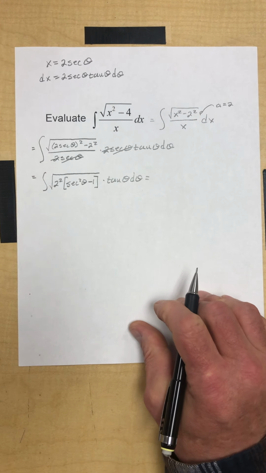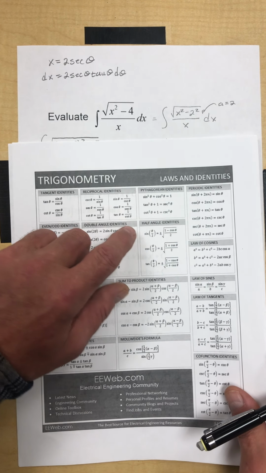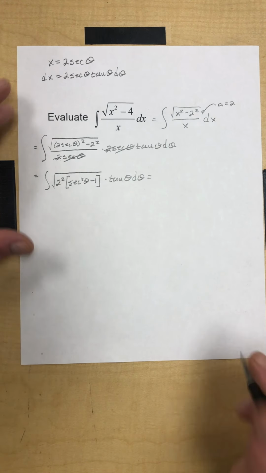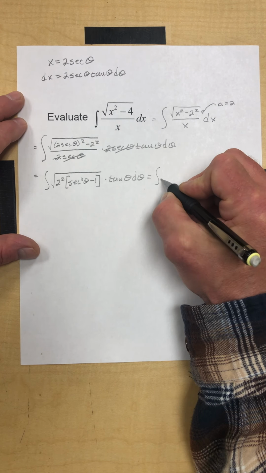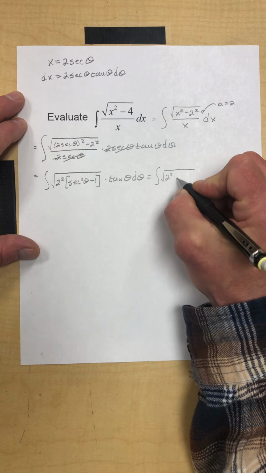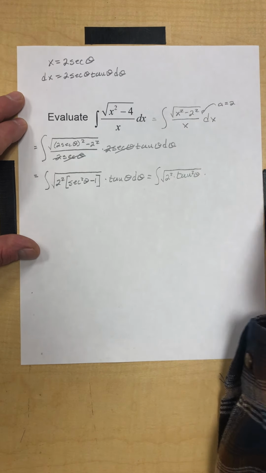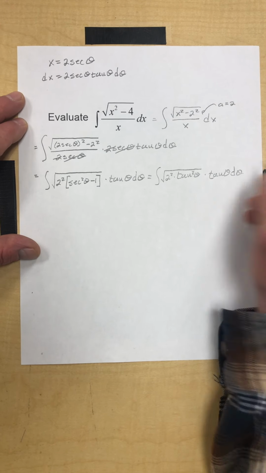Okay, so secant squared minus 1, going to your Pythagorean identities, secant squared minus 1 would be equal to tangent squared. So we substitute tangent squared in here. So I have the square root of 2 squared times tangent squared theta, times tangent theta d theta.